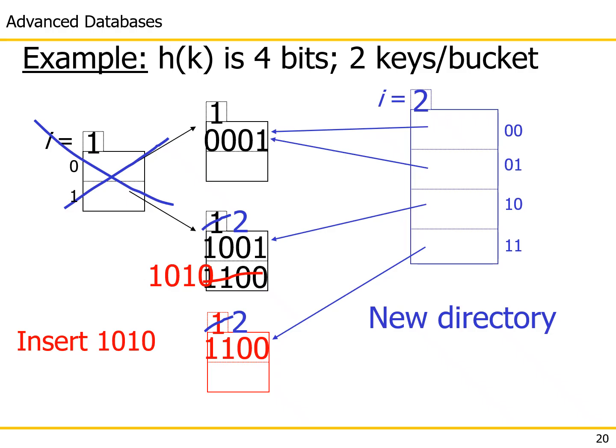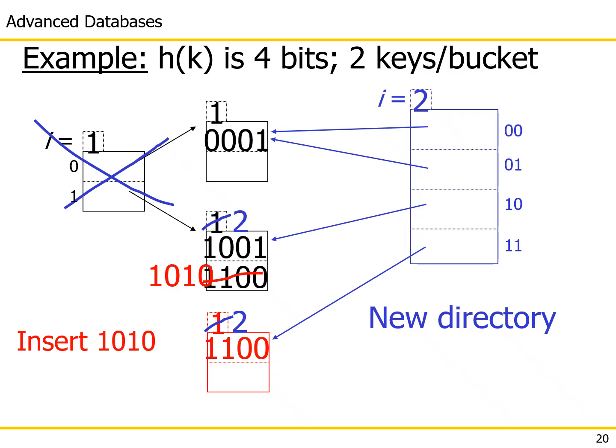Another way to understand it is like this. When I didn't have enough arrows, which is in the directory at the leftmost side of this slide, I incremented the I to get an arrow to point to the page. And since now I have an opportunity to differentiate between the entries, because the role of the directory is to differentiate between the entries by asking that the leftmost bits be different between the cells.